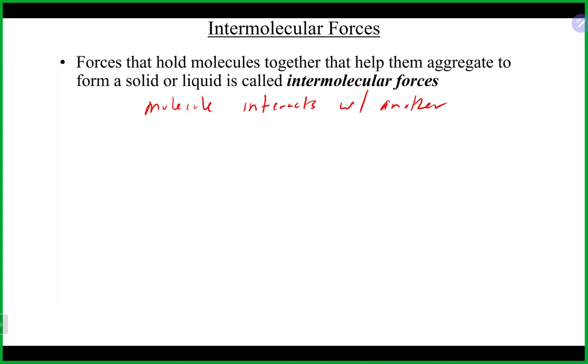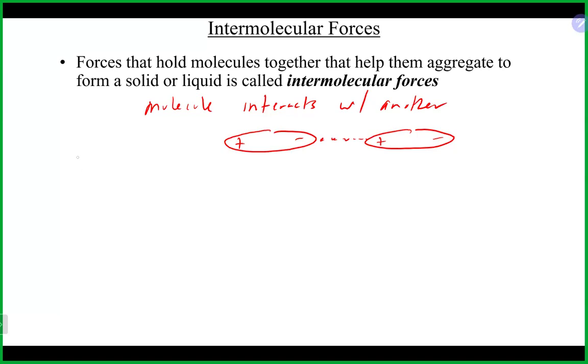They don't have to necessarily be the same. But all intermolecular forces work through the same principle. And it is this principle that the positive side of one of the molecules is attracted to the negative side of the other. So all intermolecular forces, regardless of which type you're dealing with, use that kind of opposite attraction.